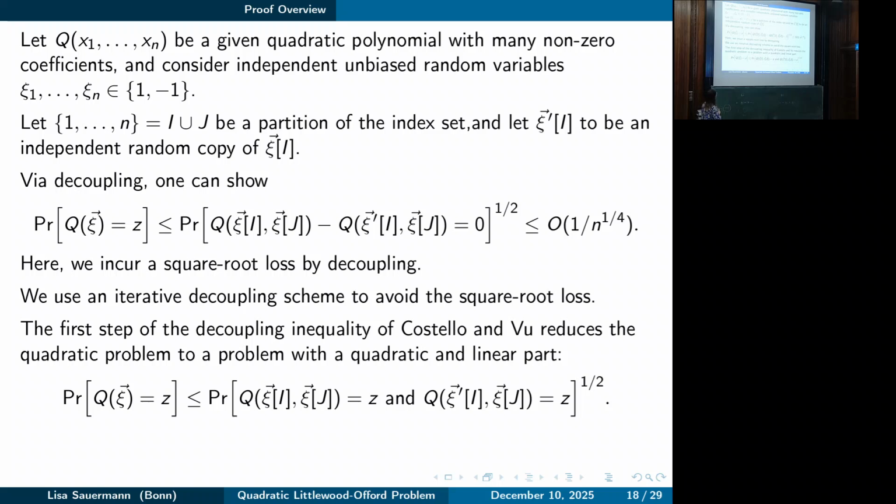So in the first step, this decoupling inequality of Costello and Vu reduces the problem in the following way. We started with this probability we care about, that the polynomial takes exactly value z. And then, if you remember from one slide ago, we had this term.